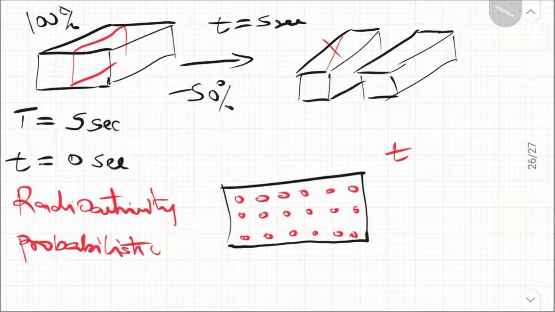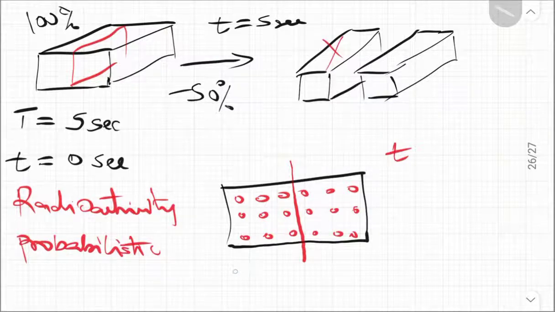And also, if we are given this amount of radioactive material, after time t equal to 5 seconds this will reduce to half of its initial value. So since we have 18, it's going to reduce to 9, right? So this is going to break in half.